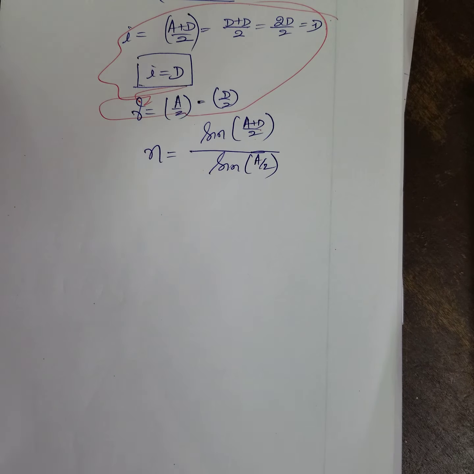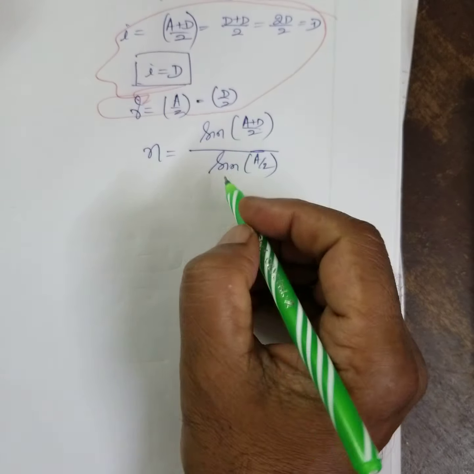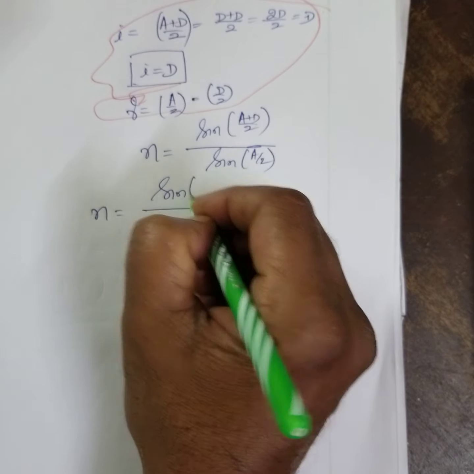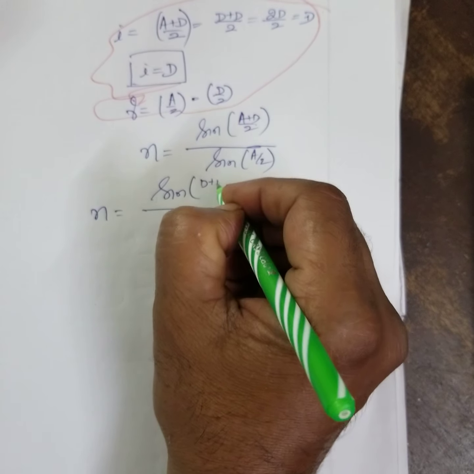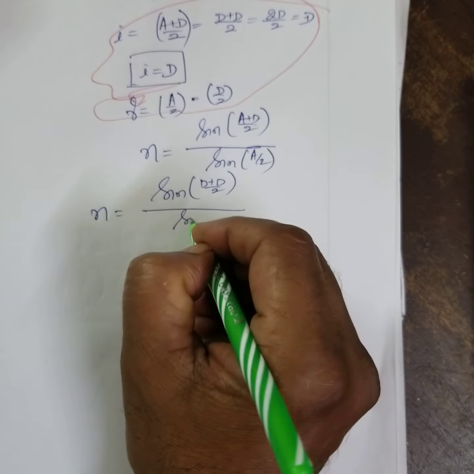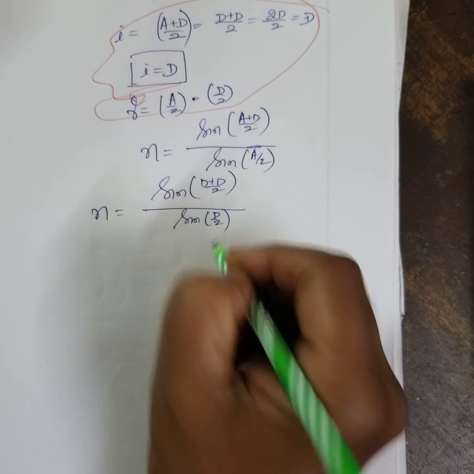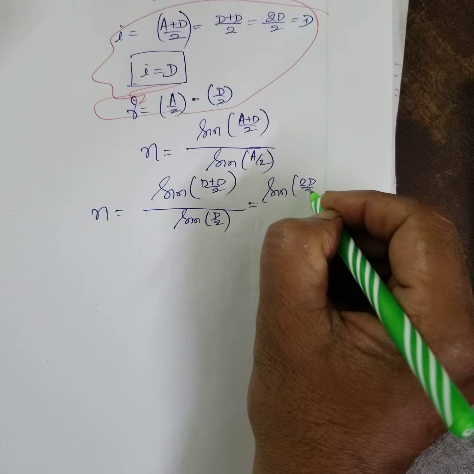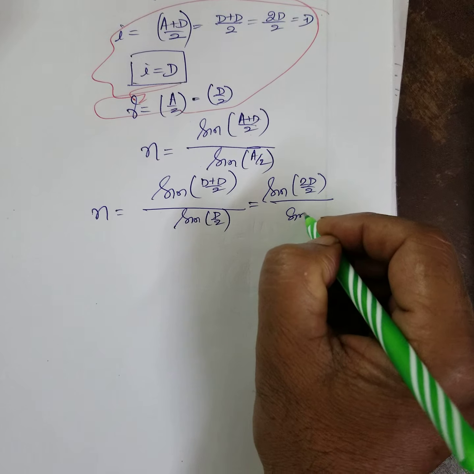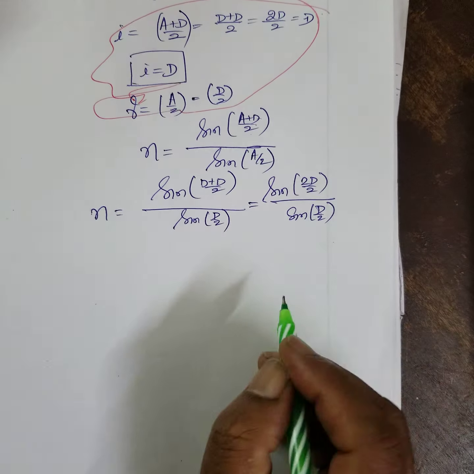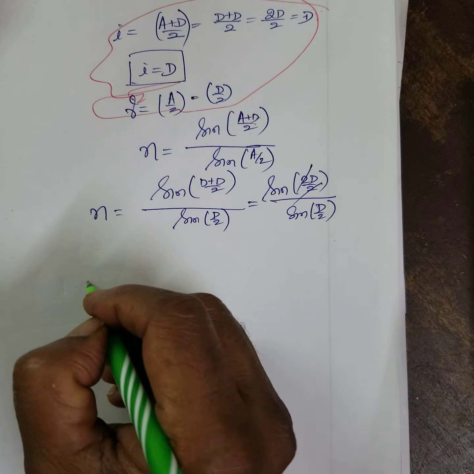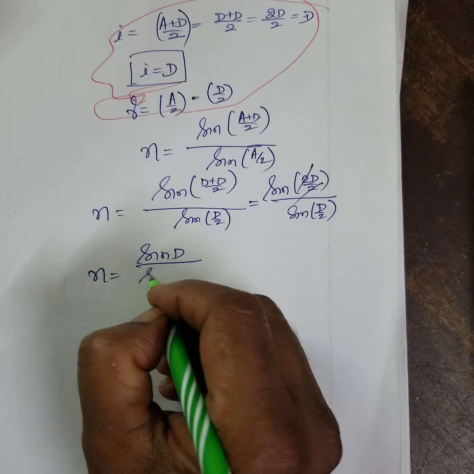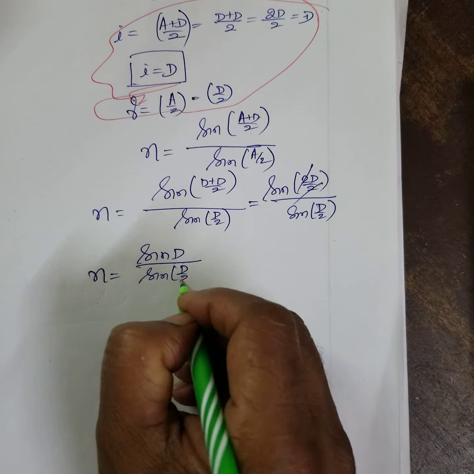Suppose in your mind it appears like this: N is equal to sin of (D plus D) by 2 over sin D by 2, which is sin 2D by 2 over sin D by 2. The 2s cancel, so N is equal to sin D by sin D by 2.